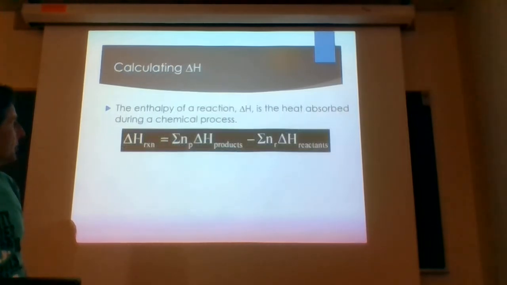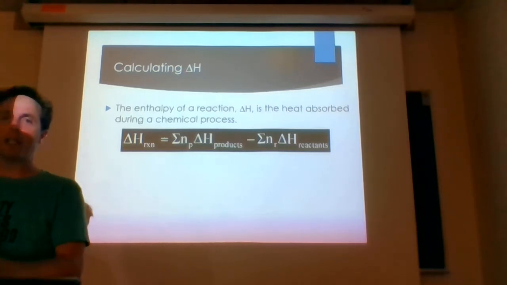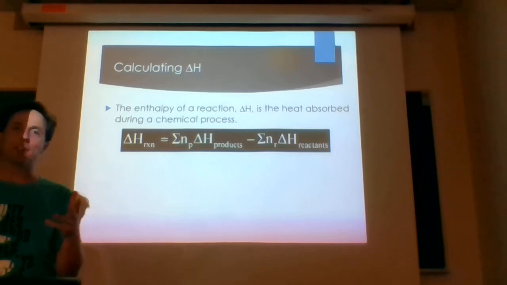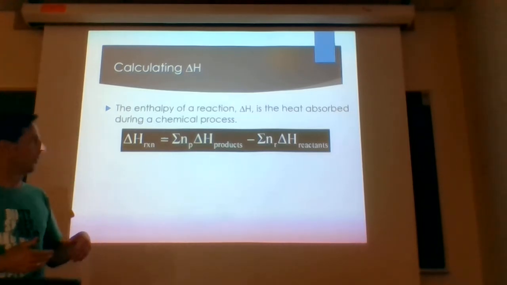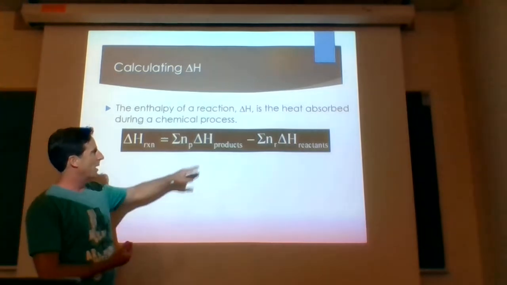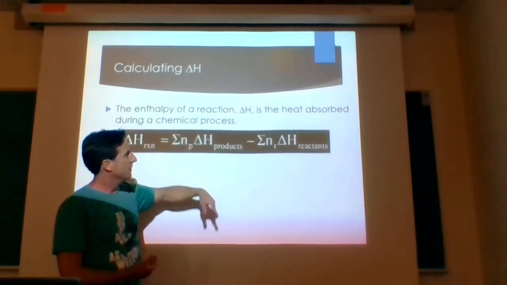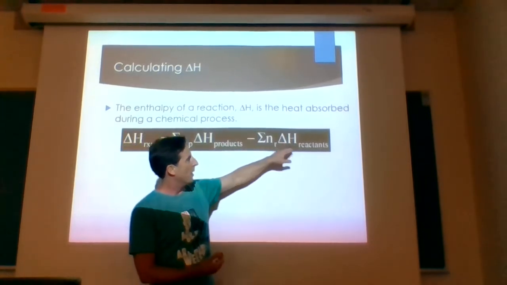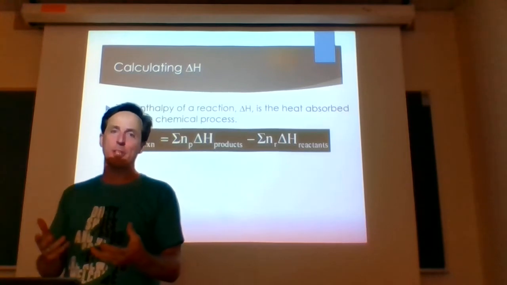When we calculate delta H's in 1211, there are several different ways we calculate it, but our main reference, if we look in the appendix, is this: for a given reaction, we sum up the heat of formation values of the products and subtract the sum of the heat of formation values of the reactants. We have to remember the stoichiometry here.